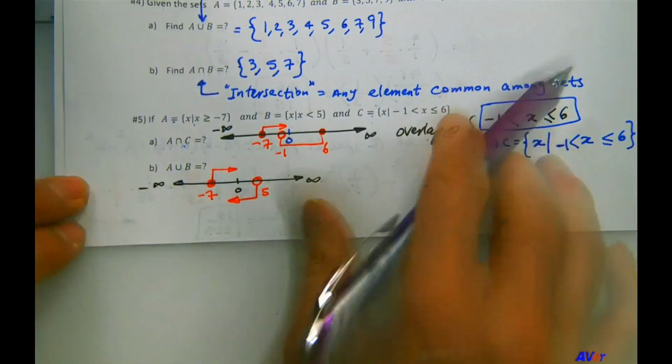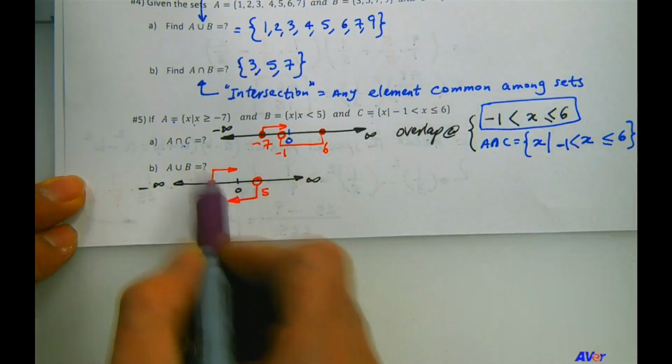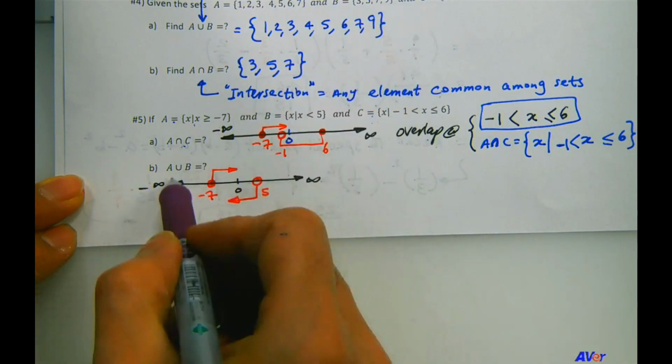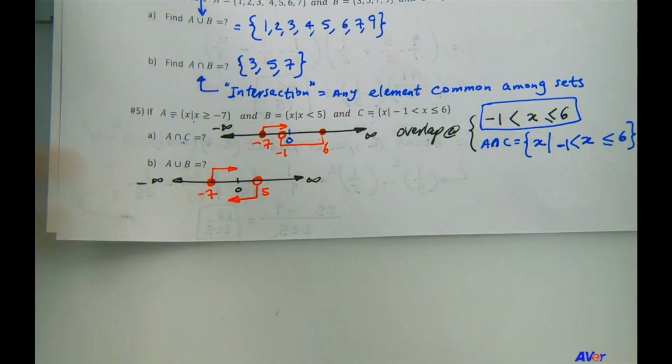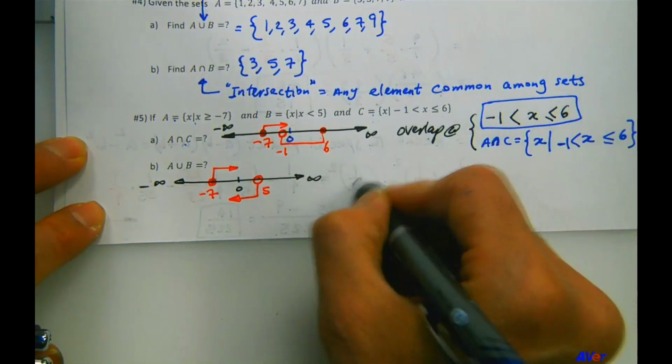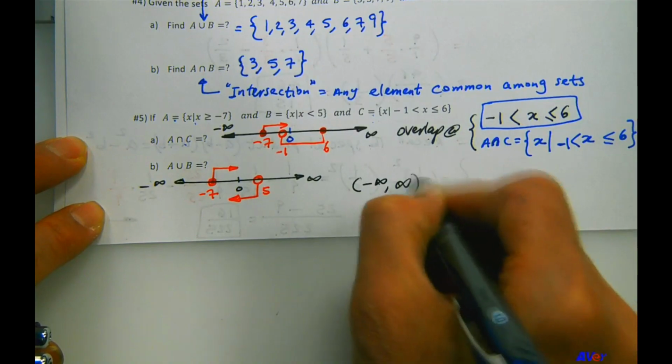So this is going this way, that is going that way, and if you take them together, either in A or B, you end up with -infinity to infinity.